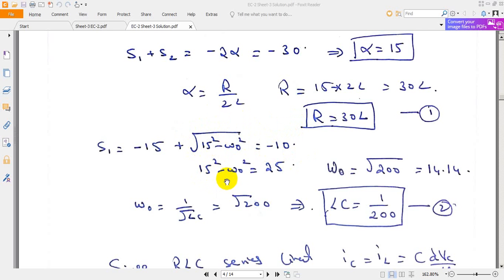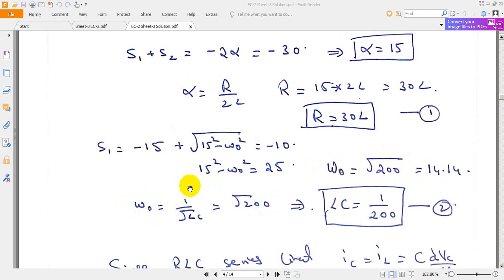Then you will get 15 square minus omega naught square is equal to 25. 15 square is 225. When you subtract 25 from 225, you will get 200. Omega naught square is equal to 200, so omega naught is equal to square root of 200, which is equal to 14.14.